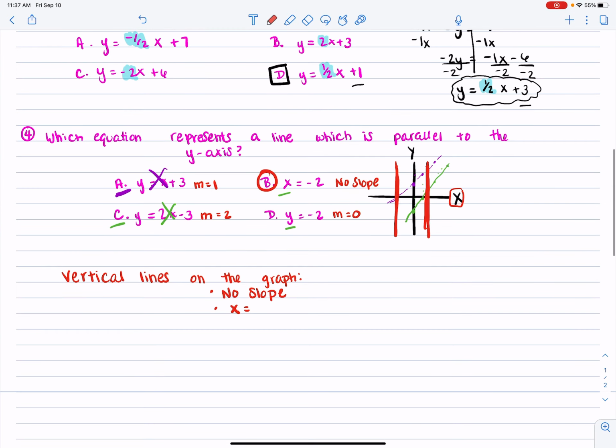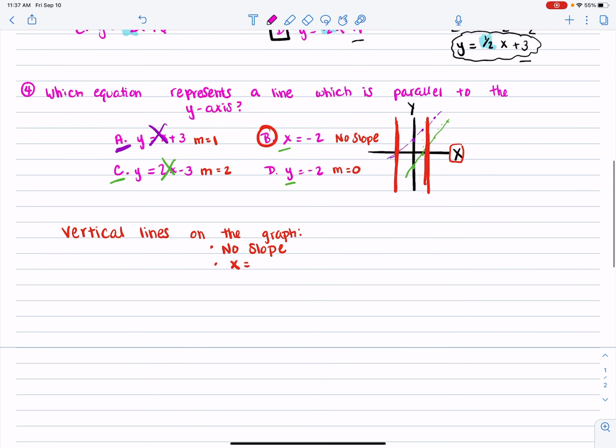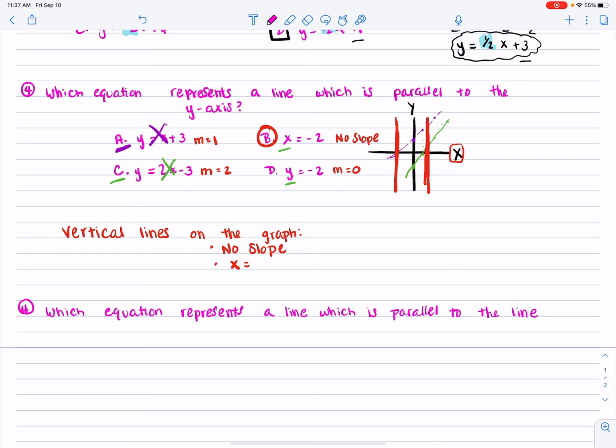Okay, next example. Which equation represents a line which is parallel to the line y equals 5 over 7x minus 3.